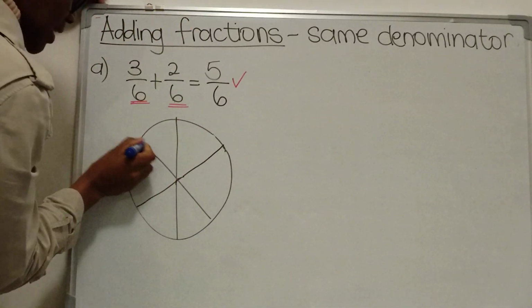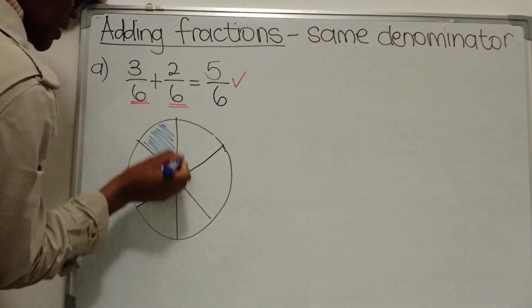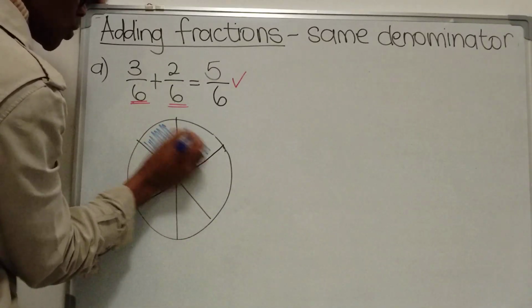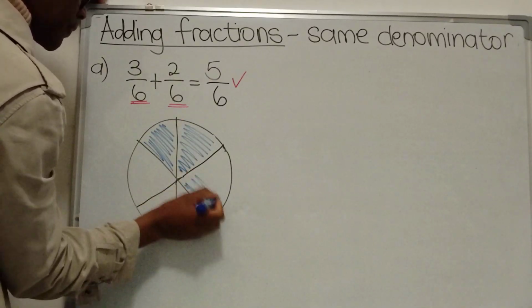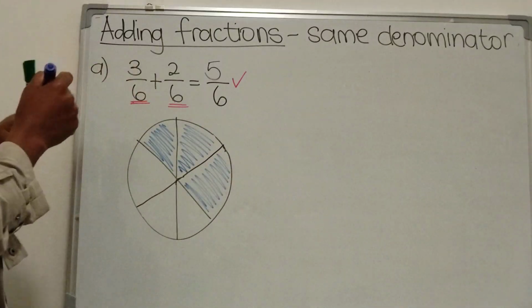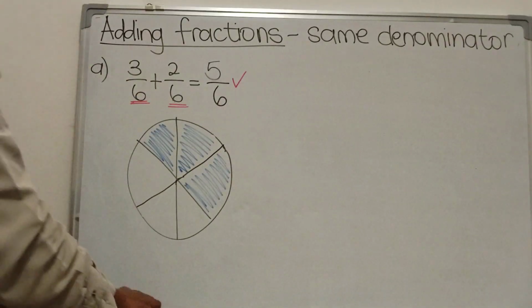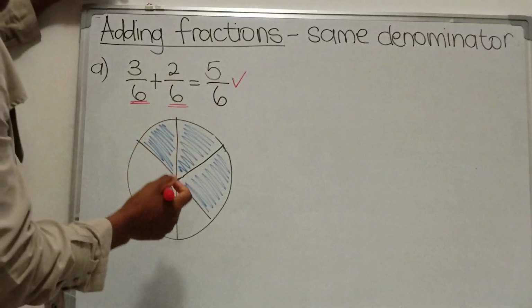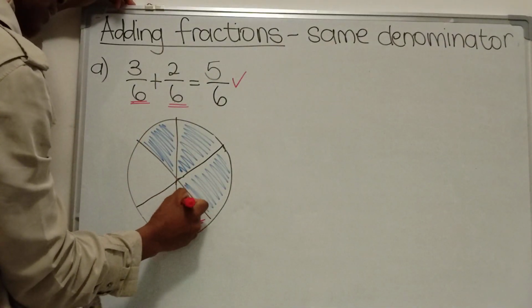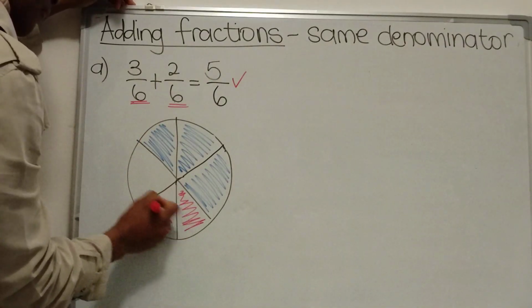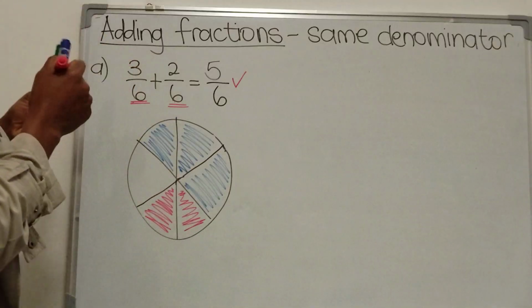Ziphuma kule whole e1. I let them shade in. Shade u-3/6. Acoloration 1/6, 2/6, 3/6. Yayiva? Add ke ngoku u-2/6. Shade ngenye ikhala. 1/6, 2/6.